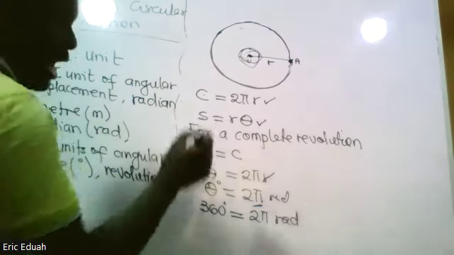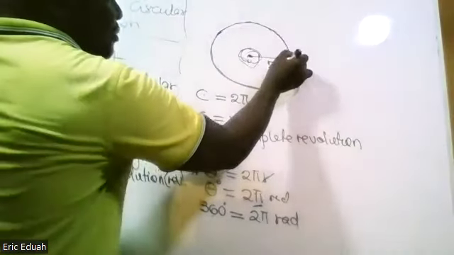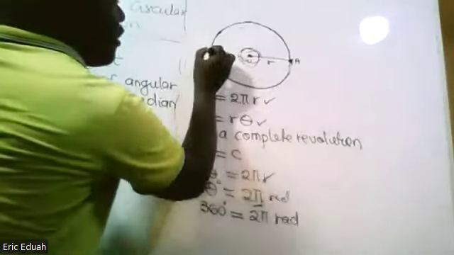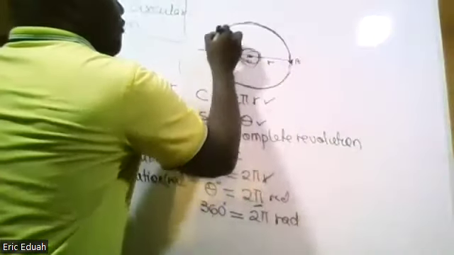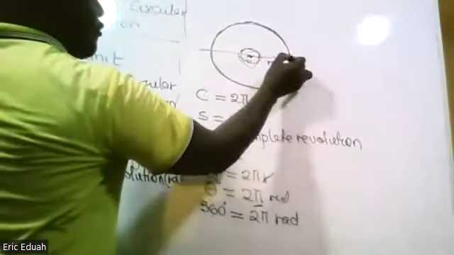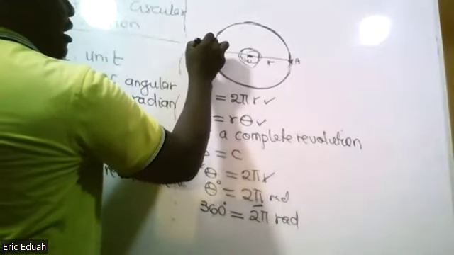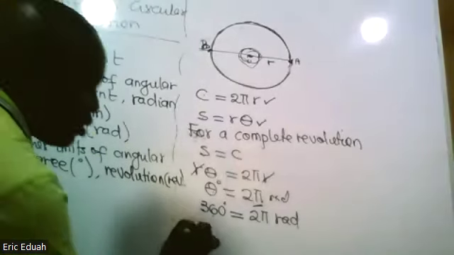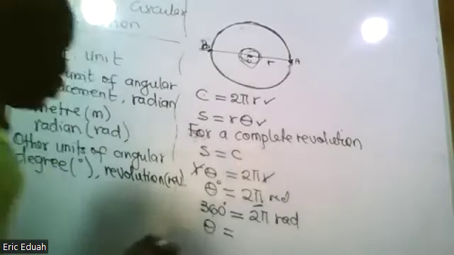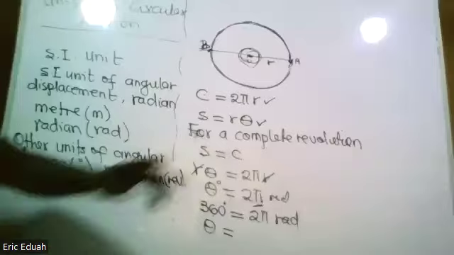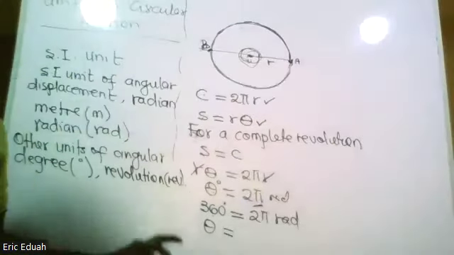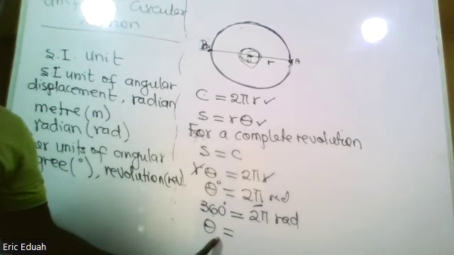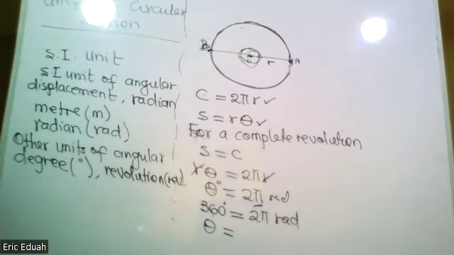If we have half of a complete revolution, starting from A and ending at B, what will be theta if the body goes through half of a revolution? 180.